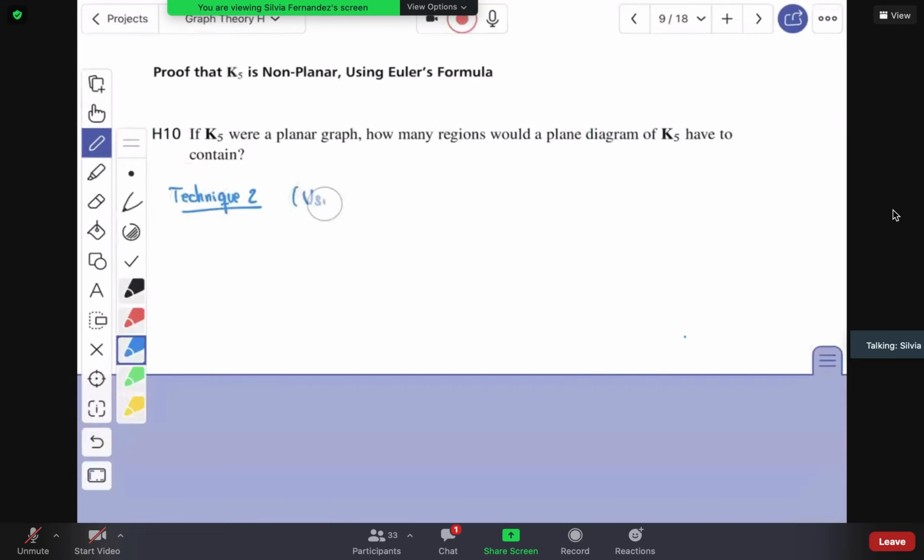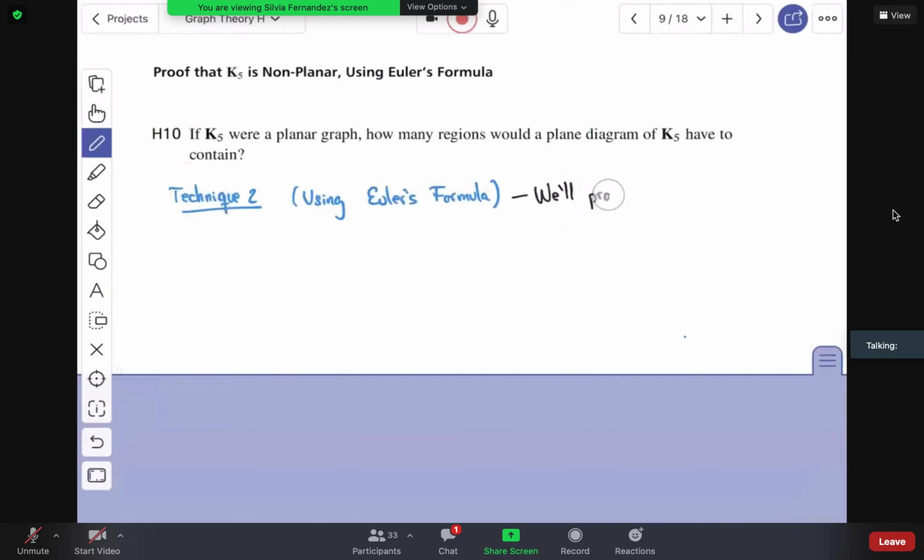So, using Euler's formula to prove that the graph is not planar, right? Again, we assume by contradiction that there is a plane drawing, and we apply what we know about that plane drawing.